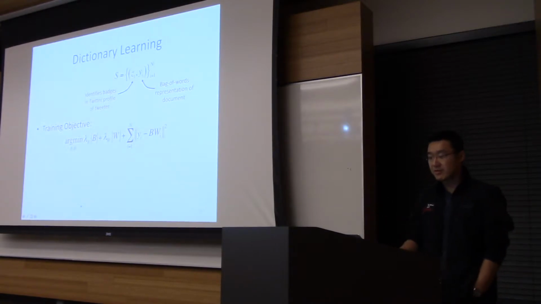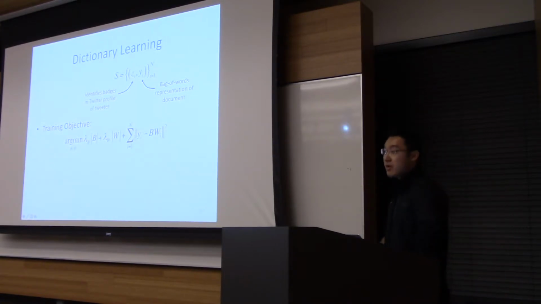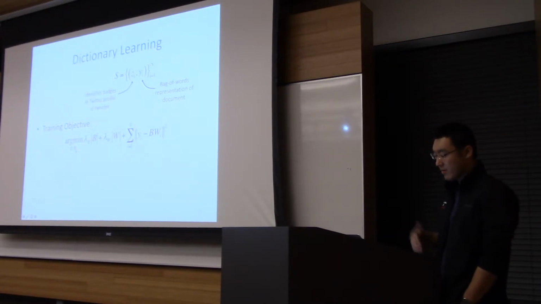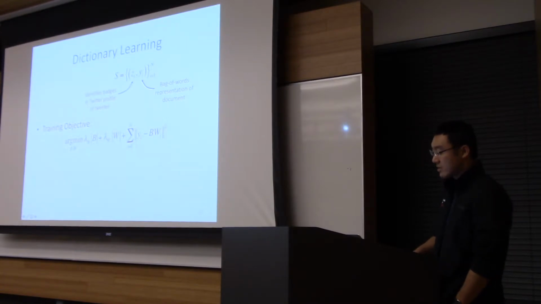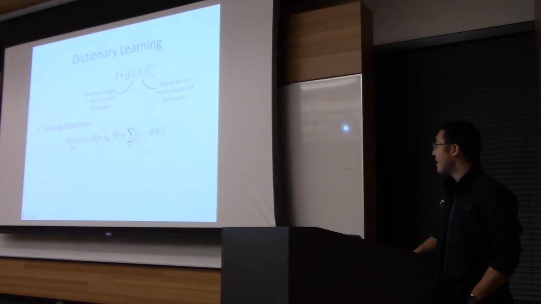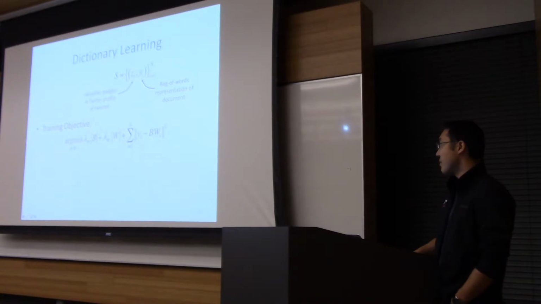And here's the training objective. It's one that I think we could all interpret very easily now. So we have the badge dictionary, and then the word representation, the encoding of the article as a function of the badges. And so we're going to impose an L1 penalty because we want these models to be sparse. And we want to minimize a squared reconstruction error between the raw bag of words representation and a reconstruction of the bag of words as a function of a linear combination of badges.